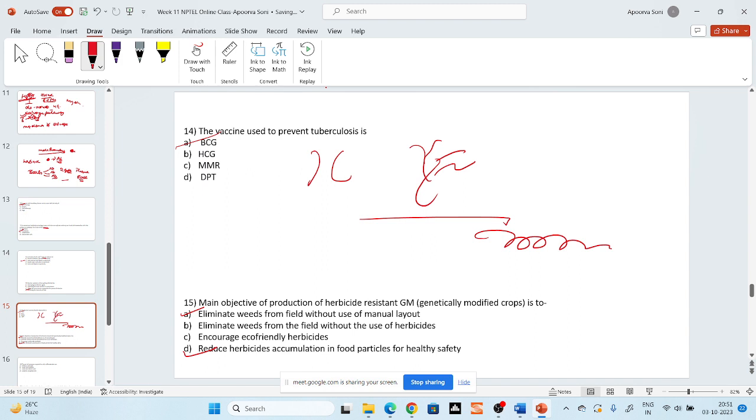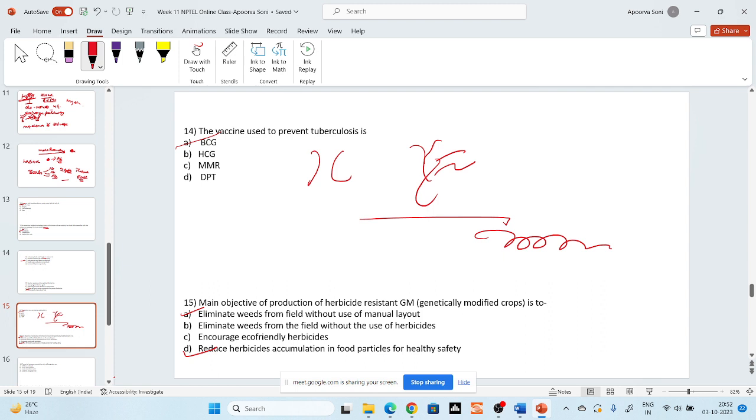The herbicide shows its toxic effect when it is metabolized in the plant in such a way that it creates toxic products. If it is just on the plant surface because it has been sprayed all over, it can be washed off. But if it is taken up by the plant, metabolized, and its toxic product is expressed in the plant, then it comes into the food for consumption. So that you have to understand.